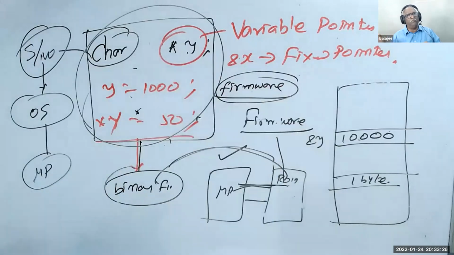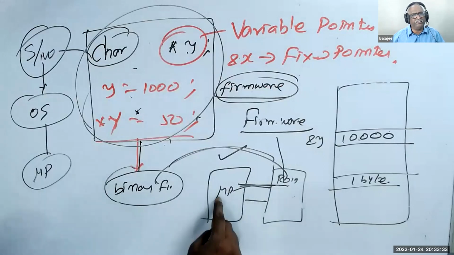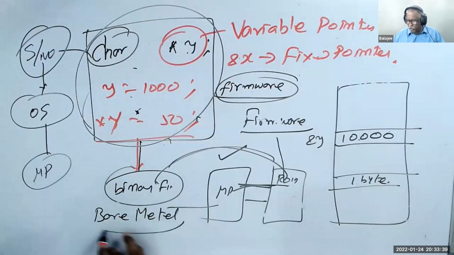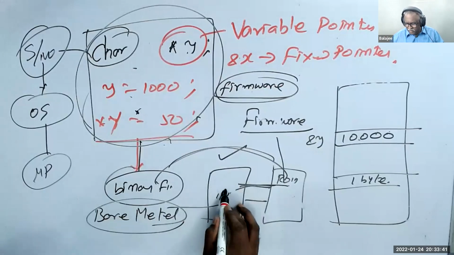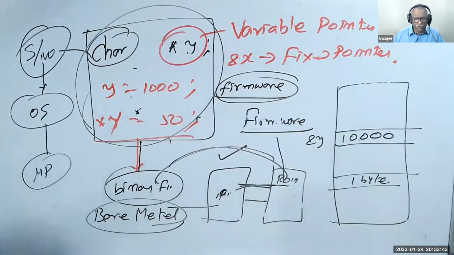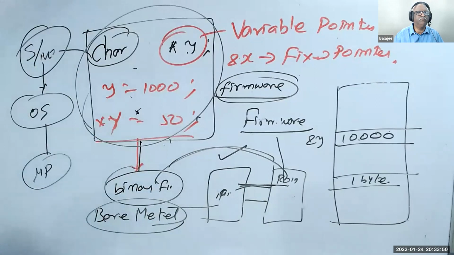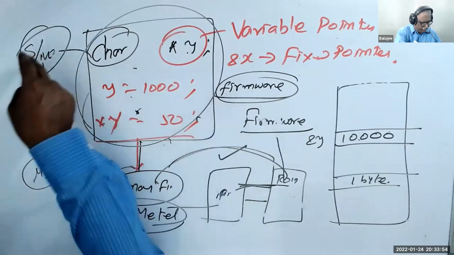There's nothing called firmware or software differently. Both are the same. Whatever program you write in C, if you execute it on the microprocessor directly, that is called bare metal, because you're running it on silicon directly. But if you run it above an OS, then that is called software. So don't get confused between firmware and software.